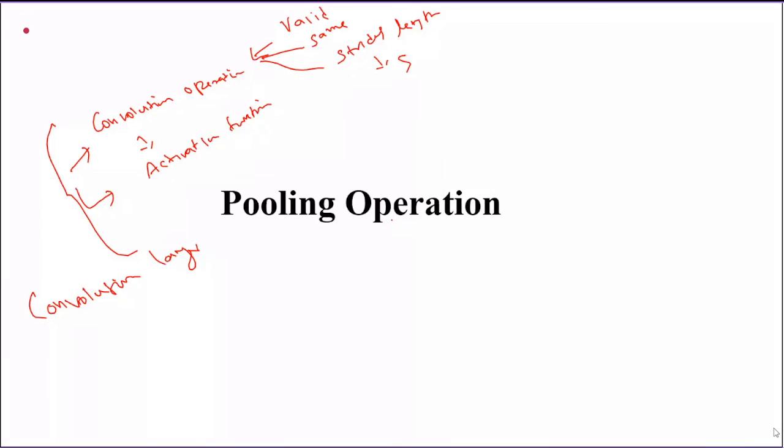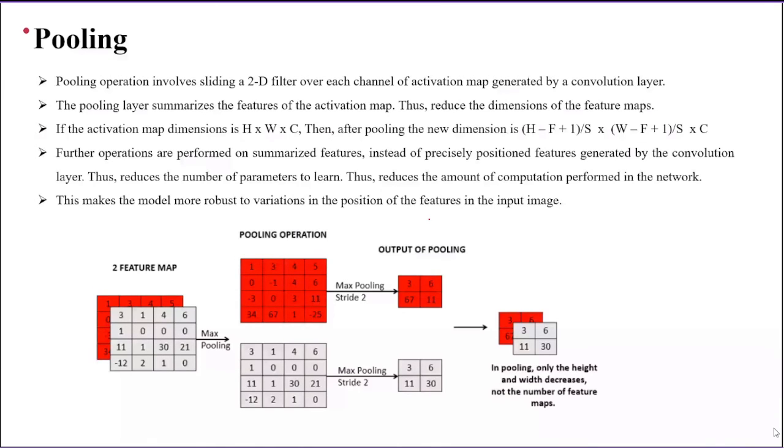This convolution layer can be followed by another type of layer called the pooling layer. So in the pooling layer, again, we will use a filter, but this filter is not learnable. It is just a filter to reduce the dimension of this activation map.